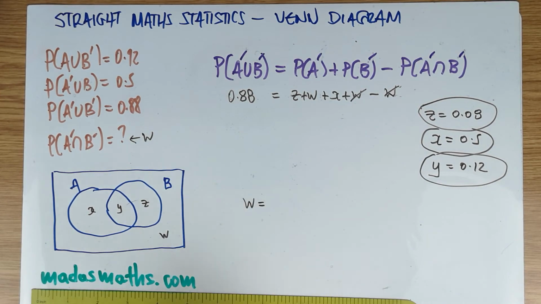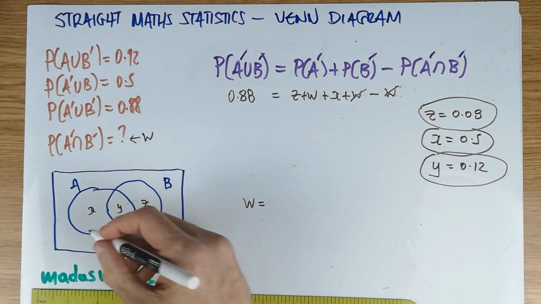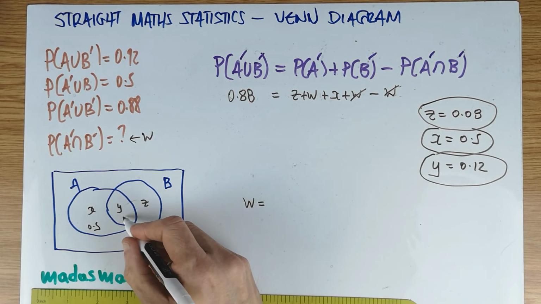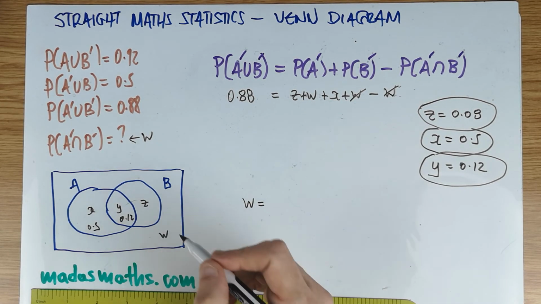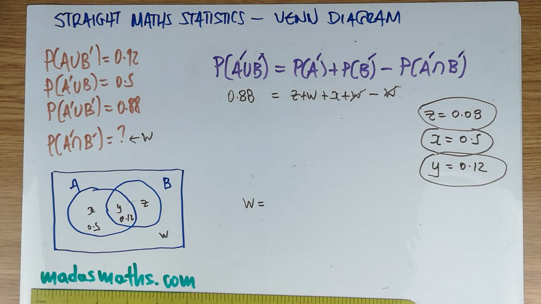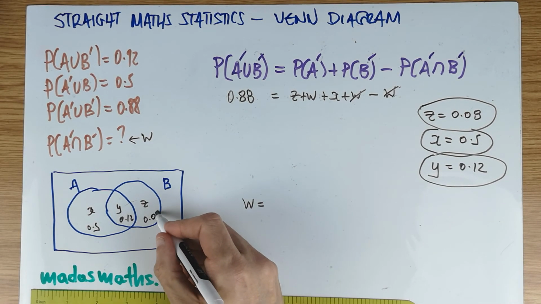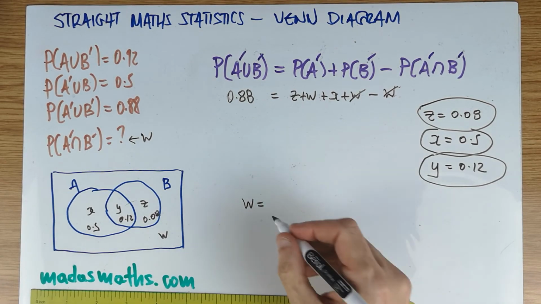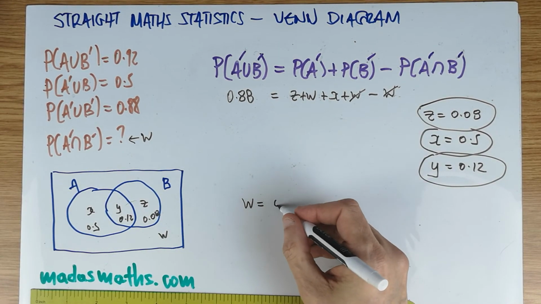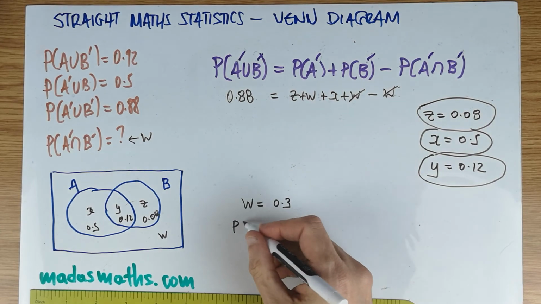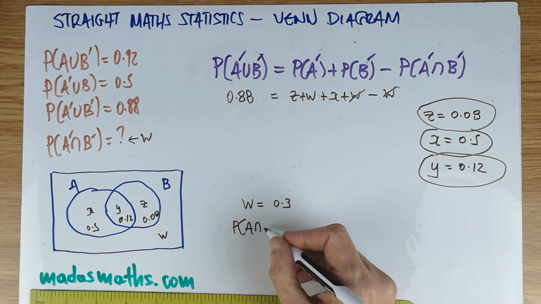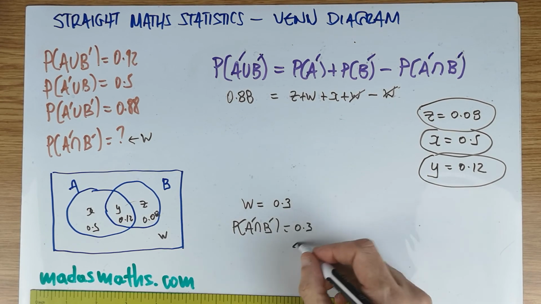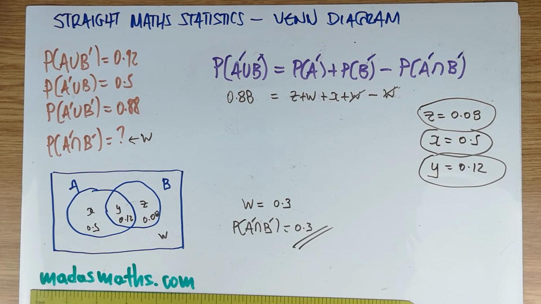And the w, if you look at just adding the numbers now, is 0.5 there. This is the y, which turned out to be 0.12. The z, 0.08. 0.08 plus 0.12 is 0.20, and 0.5 plus 0.20 is 0.70, and therefore w is, of course, 0.30, which is the required quantity from the Venn diagram, exactly the same number that we got before.